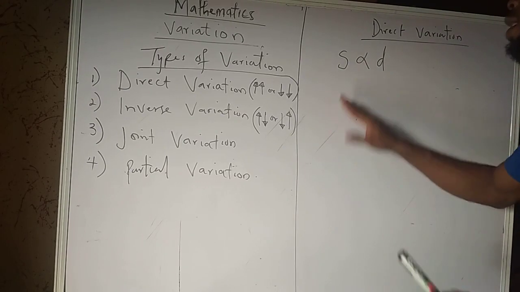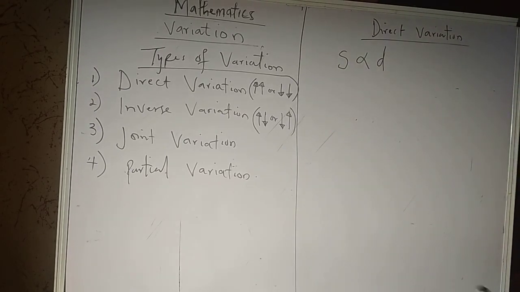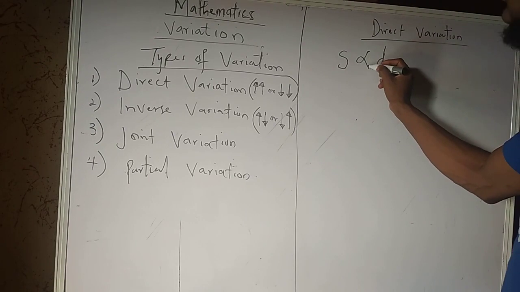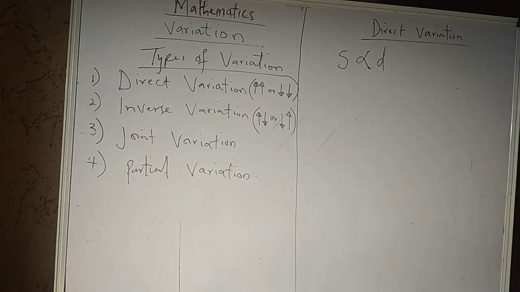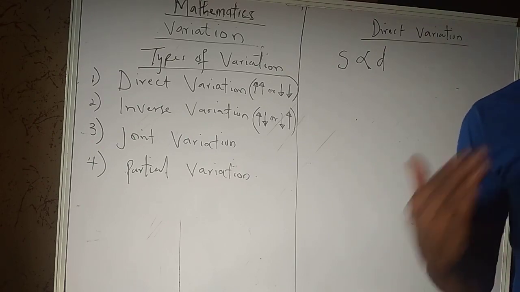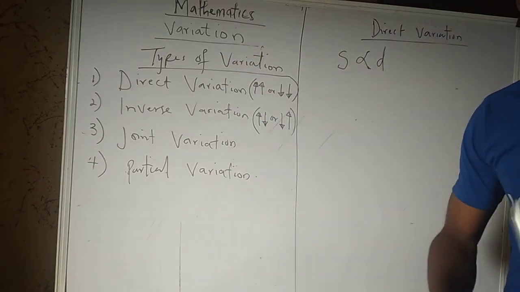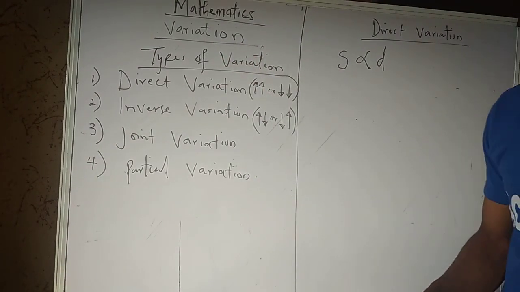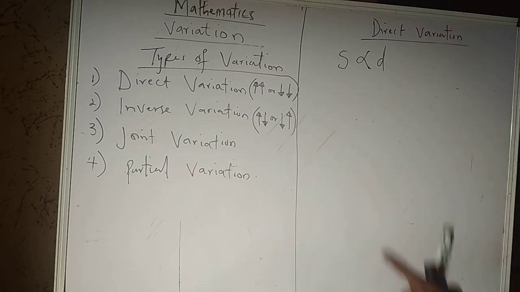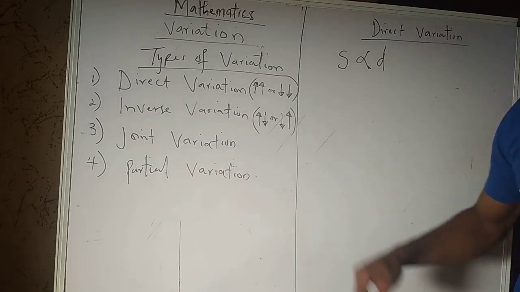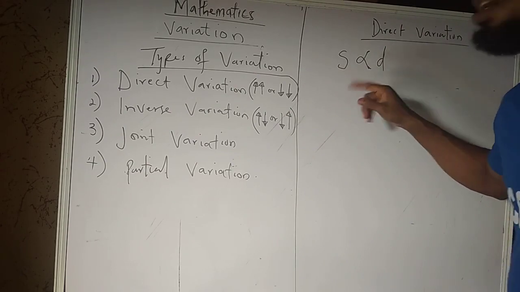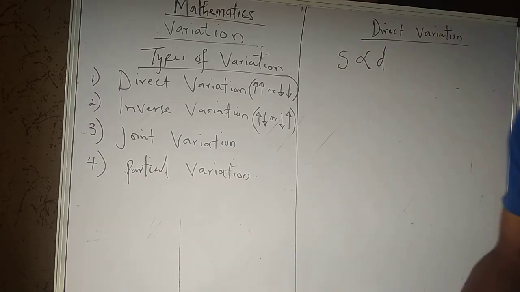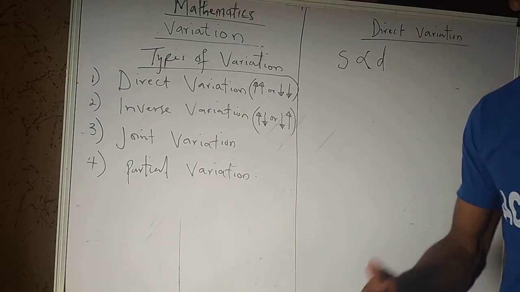So now that this is varying directly as distance, in mathematics we cannot solve with the proportionality sign. For us to have any case of variation, there will always be a constant. You remember that there will always be a constant. Remember when we did the speed and distance relationship, we had a constant, and the constant was 10 hours.